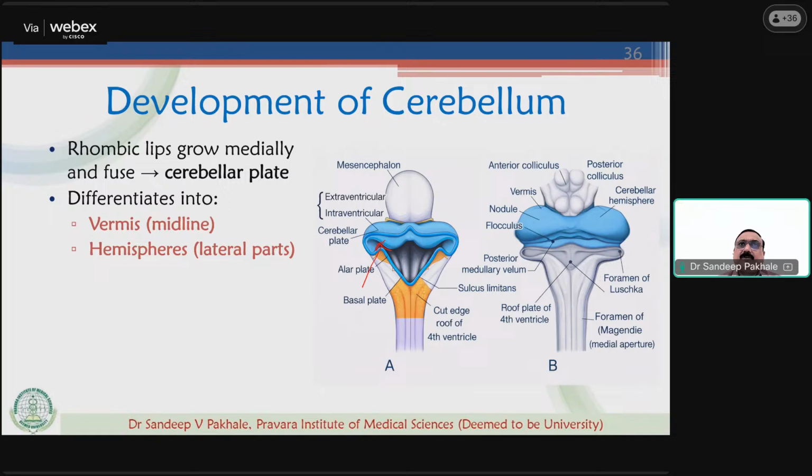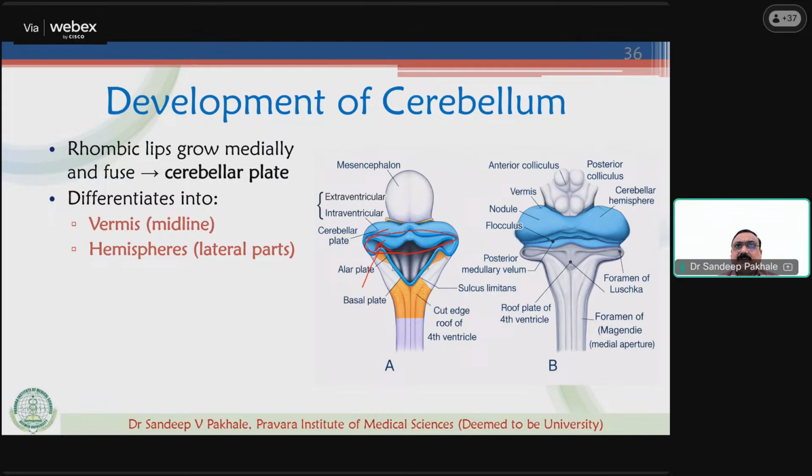Specifically, it arises from the dorsolateral thickening, which I showed you in the previous diagram also. As development progresses, the rhombic lips grow medially towards each other and eventually fuse in the midline, forming the cerebellar plate. So this is the cerebellar plate.